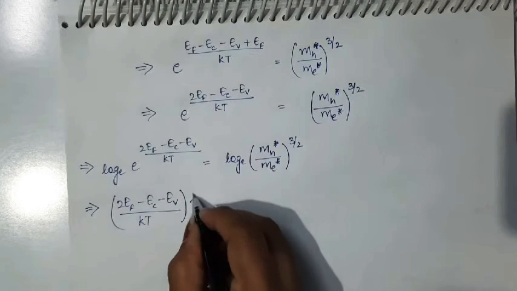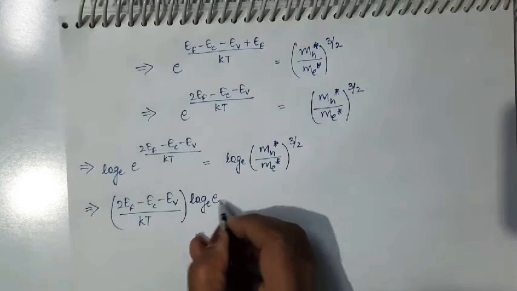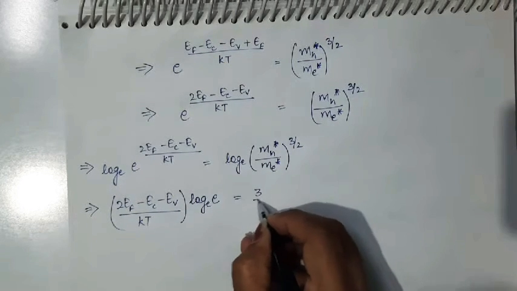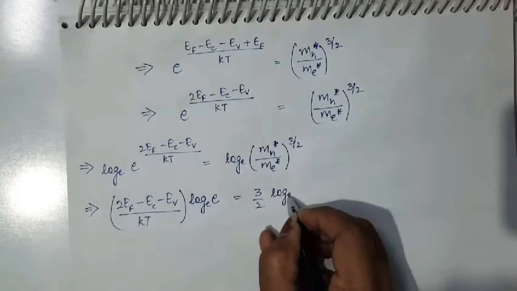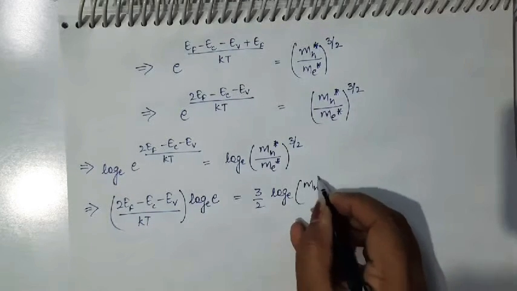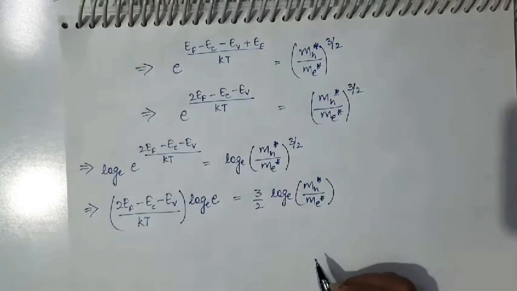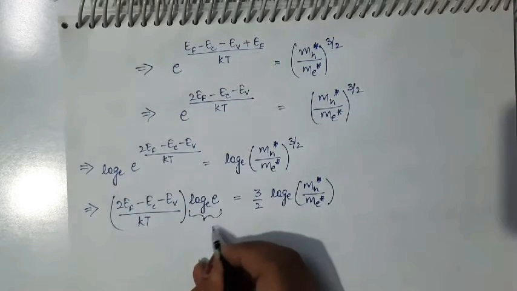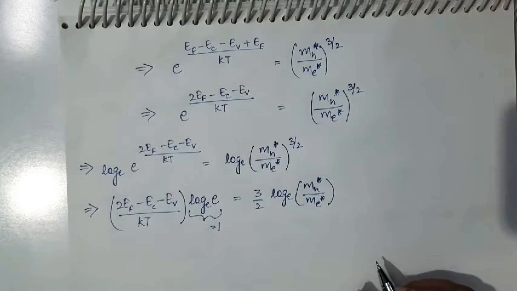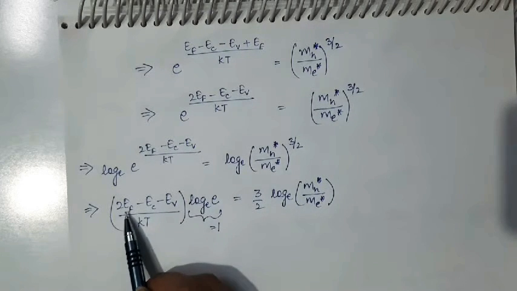Applying it here, and again here, this term is equal to 1, and we have to calculate the value for EF.